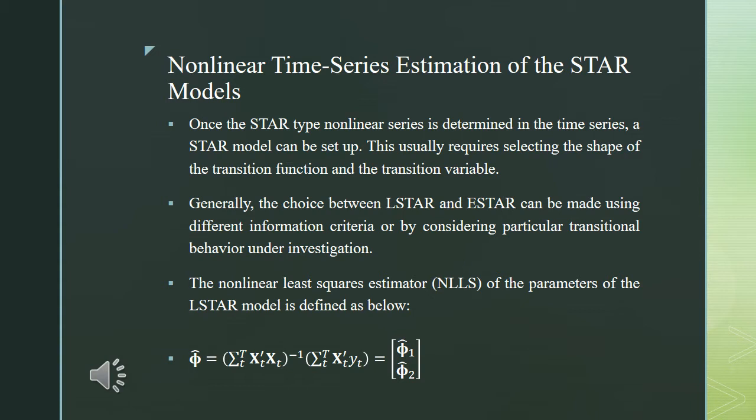Generally, the choice between LSTAR and ESTAR can be made using different information criteria or by considering the particular transition behavior under investigation. The nonlinear least squares estimator of the parameters of the LSTAR model is defined as below.